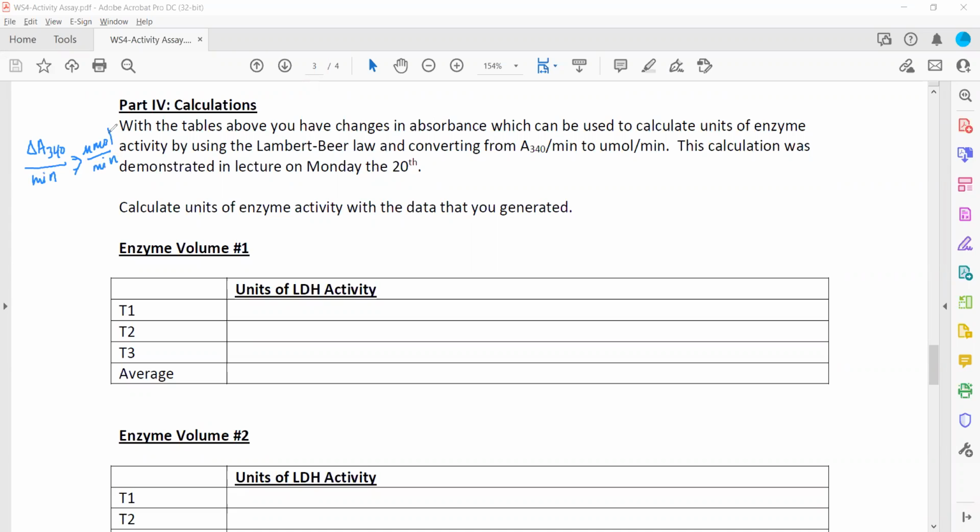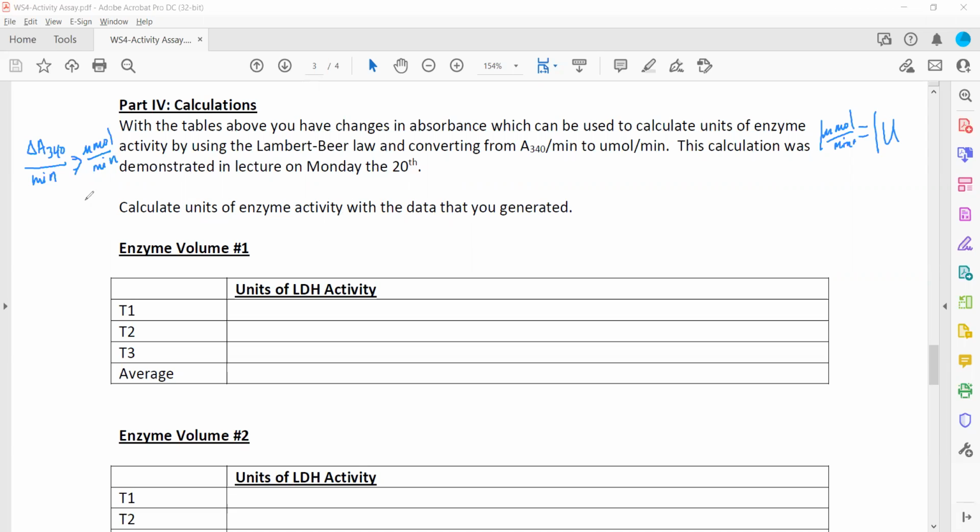The reason that we're doing this is because we have a standard of 1 micromole per minute of NADH is the standard unit for lactate dehydrogenase activity. So I'm going to walk through a hypothetical calculation.